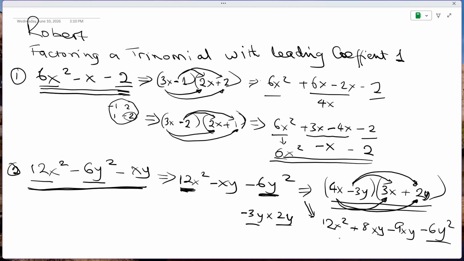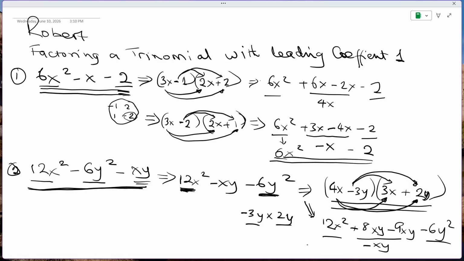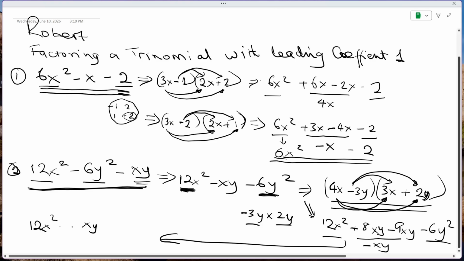So we've got our first and last expressions, and we just need to look at these two, which will give us minus xy, which is what we are looking for here. So finally, we can write the expression here: 12x squared, plus 8xy minus 9xy, that is minus xy, minus 6y squared.